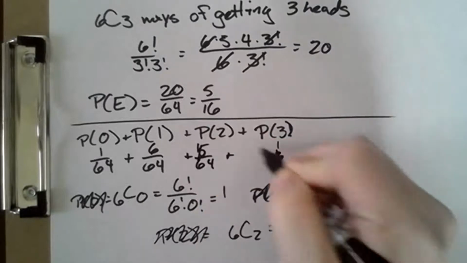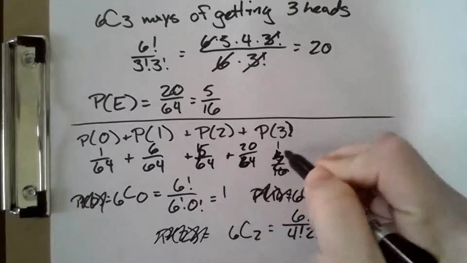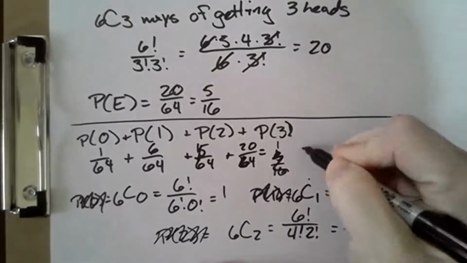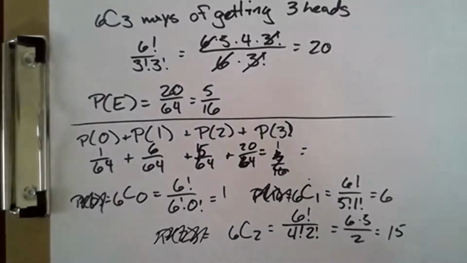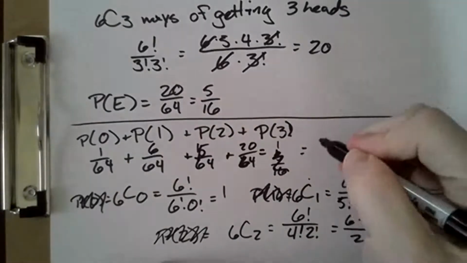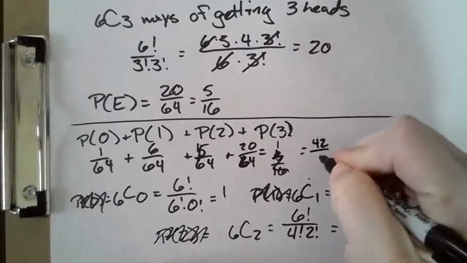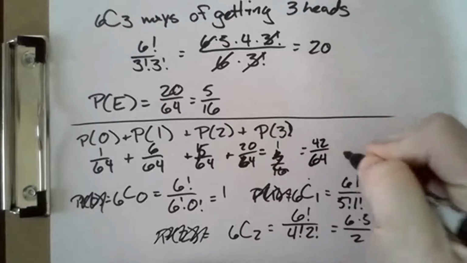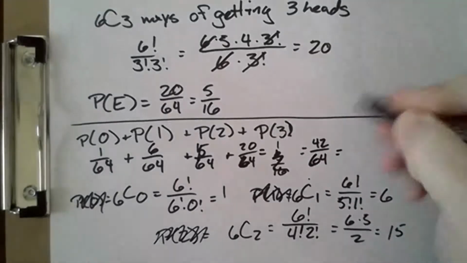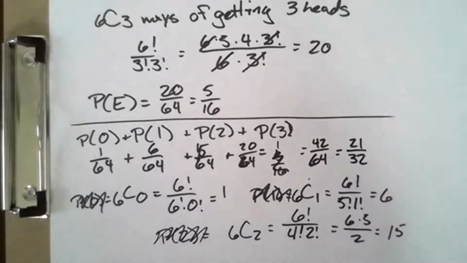And we'll rewrite this as 20 over 64 again. And then we can add these up. 1 plus 15 is 16. 16 plus 6 is 22. 22 plus 20 is 42 over 64. And we can reduce that by dividing both by 2 to 21 over 32.